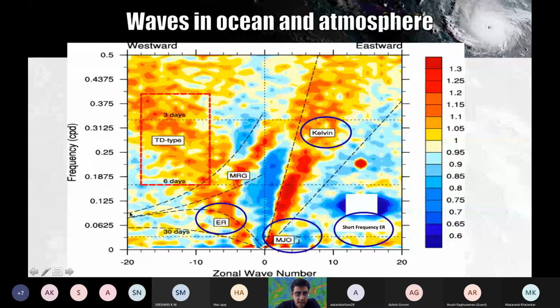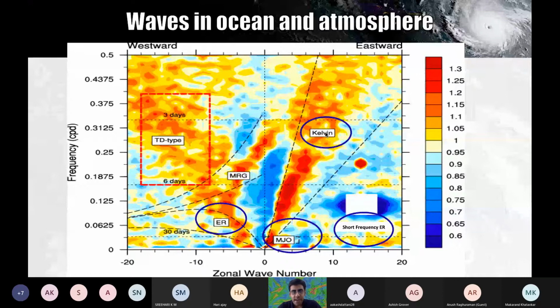If any of these waves is within this band in the frequency chart, then it means that these waves can linger around for a very long time in that ocean. Kelvin wave is a fast moving wave, so that means that it will stay in the ocean for only 7 days or so. Okay, so this is good enough for this particular course right now.